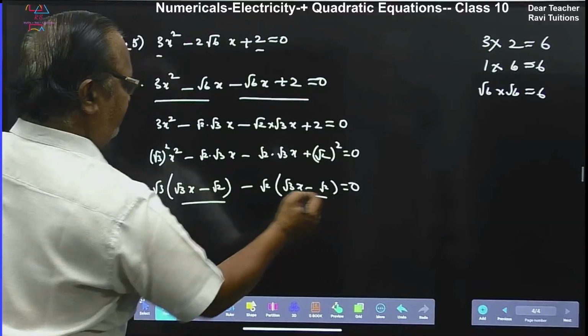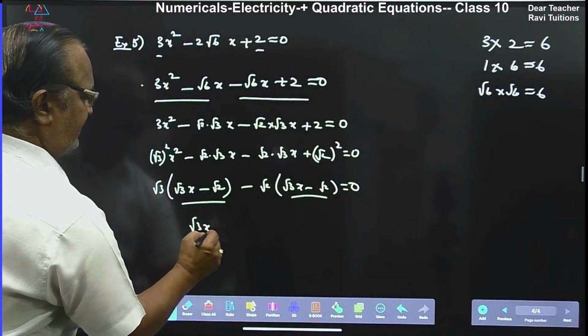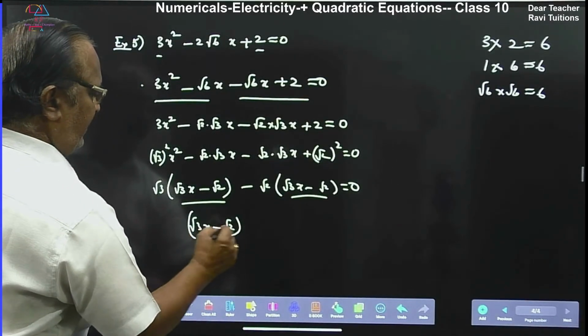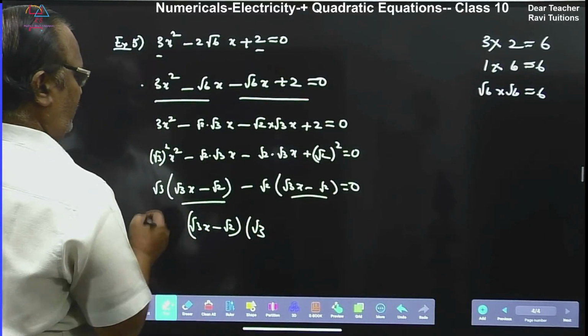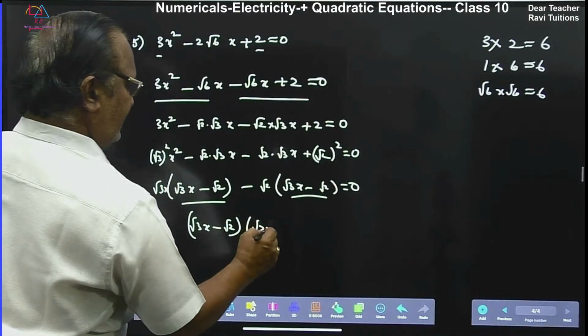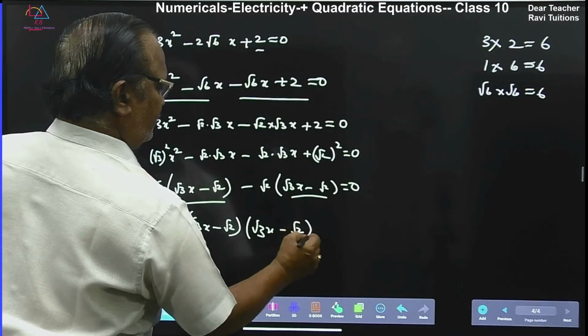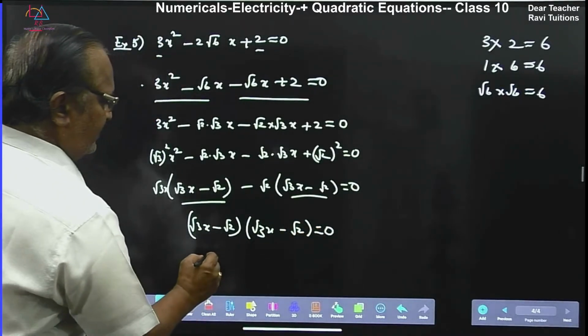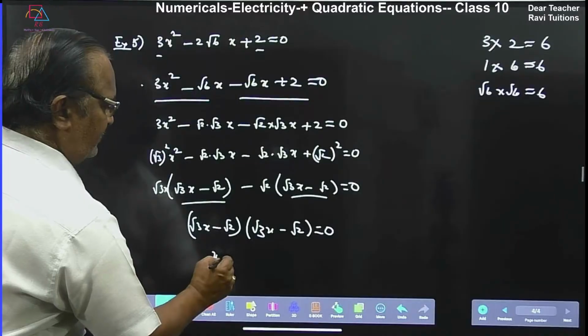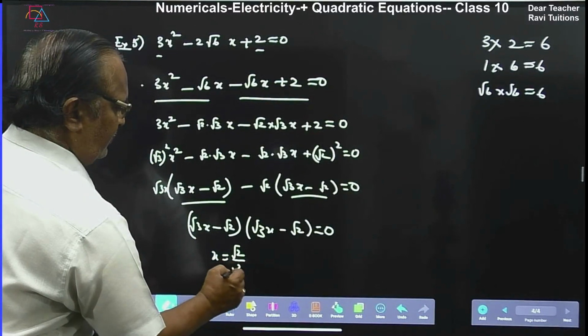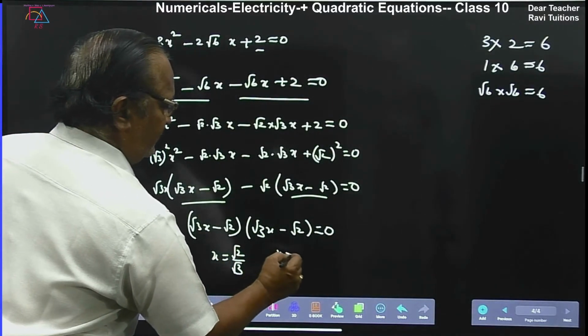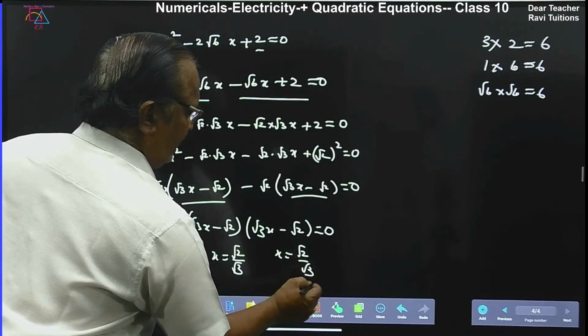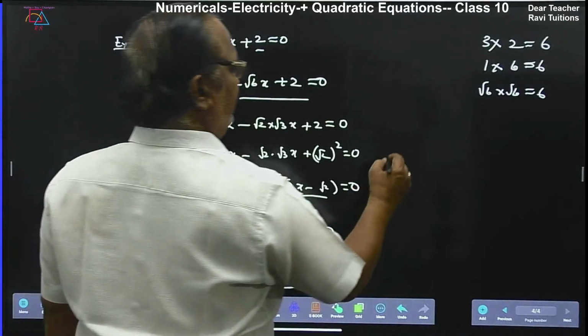Yeah, I got the same, root 3 x minus root 2 into root 3 x. I forgot to write root 3 x minus root 2 is equal to 0. So, x is equal to root 2 by root 3 and x is equal to root 2 by root 3. I told you na, equal roots.